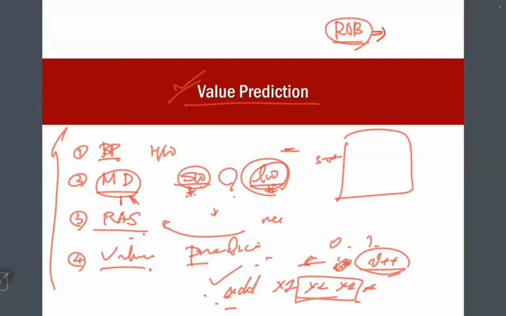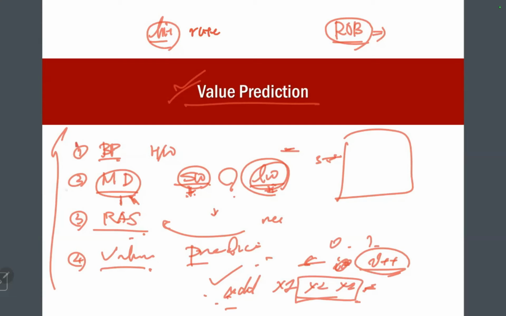So we can apply other prediction techniques in the processor, but in order to apply prediction techniques, the hit rate, meaning the prediction is correct, should be very high. If the prediction hit rate is around 50%, you cannot apply these techniques.